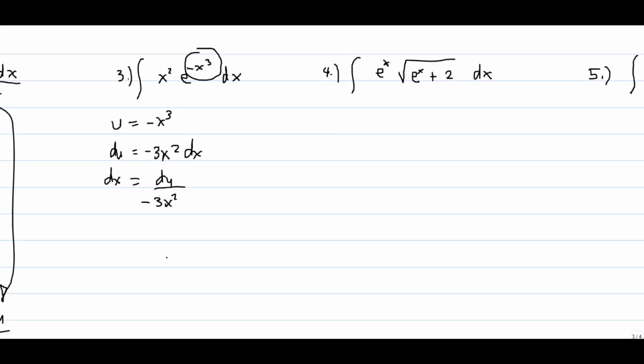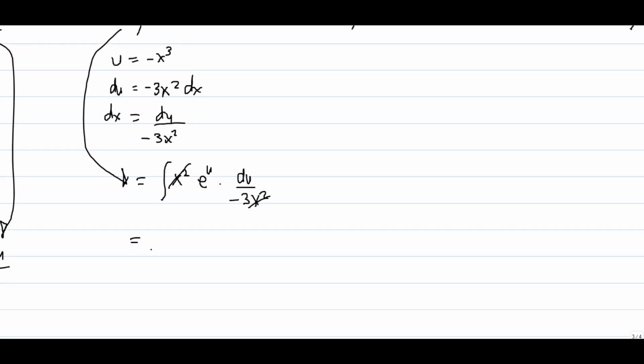Okay, so we change the problem given, and then we integrate. So that is equal to the integral of x squared e to the power u, then dx here is du over negative 3x squared. Okay, and now we can cancel out the x squared. Then we have negative 1/3, then the integral of e to the power u du.